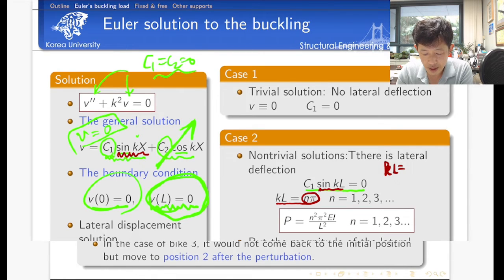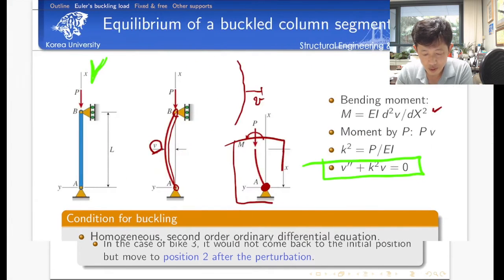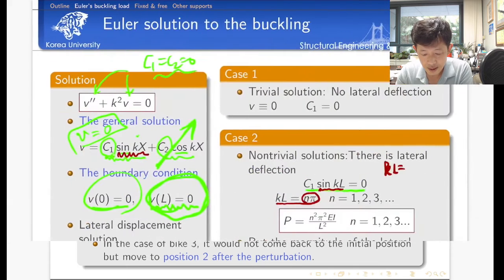Once kL is n pi, because we already said k square is P over EI, the square root of P over EI times L is equal to n pi. Let's square both sides, then we can calculate the load P. Once the load P is equal to this value, the column buckles.